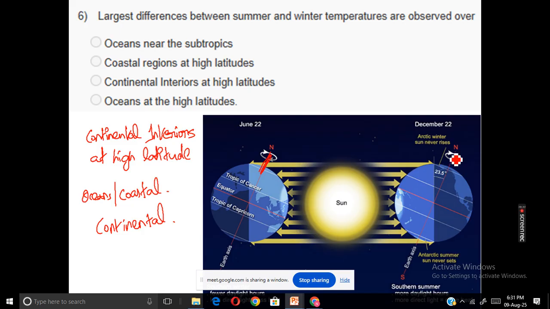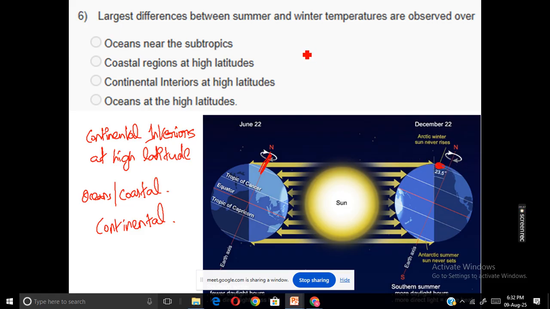Now during winter, the axis is facing away from the sun. So no solar radiation is reaching the poles. These regions are mostly not even seeing the sun, so it's totally a night zone.